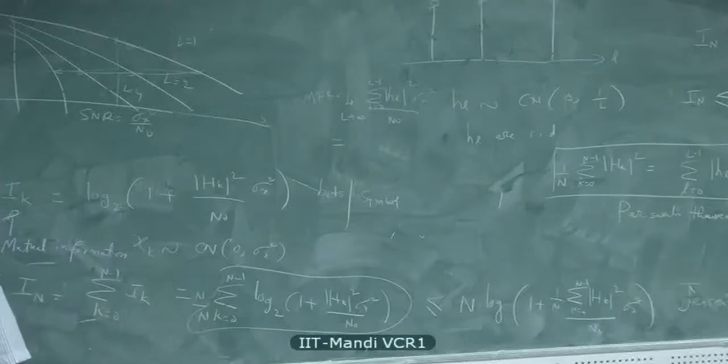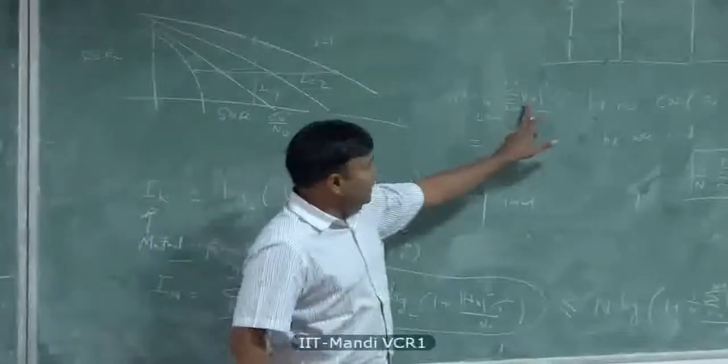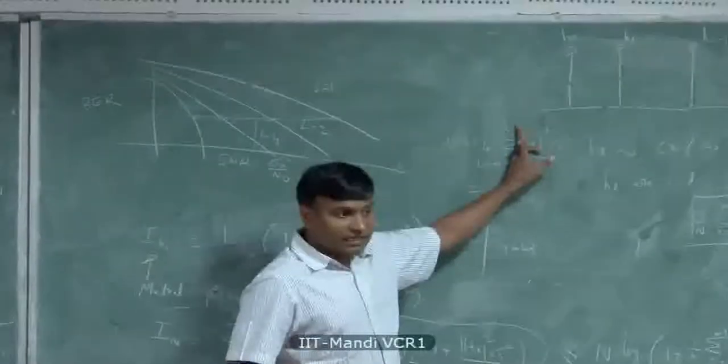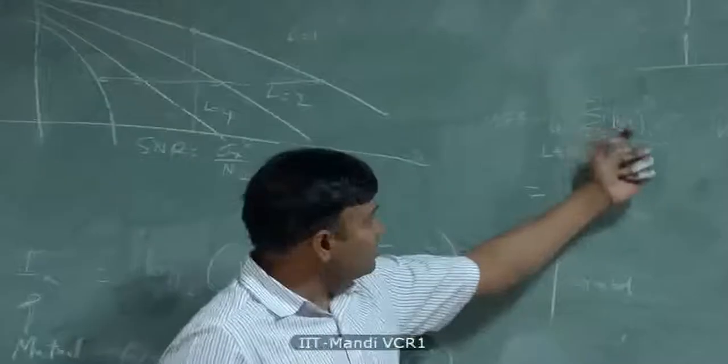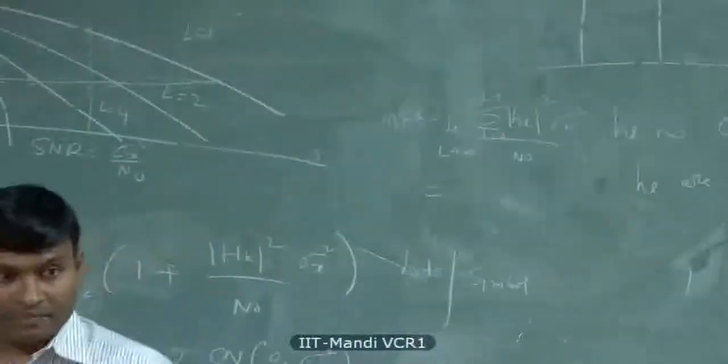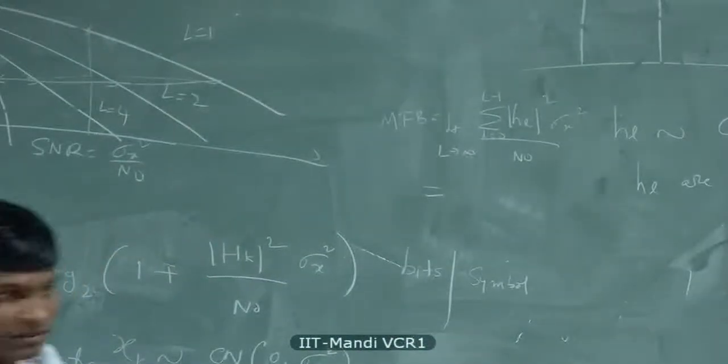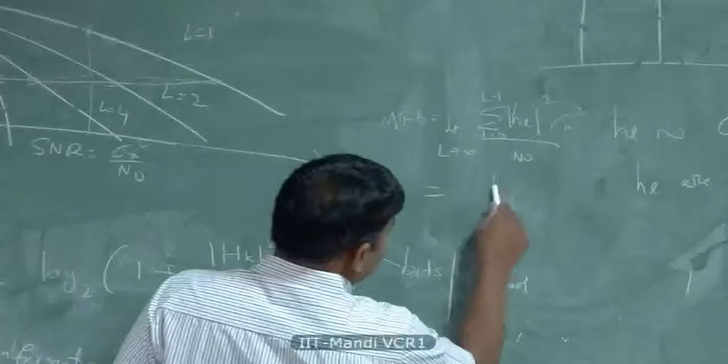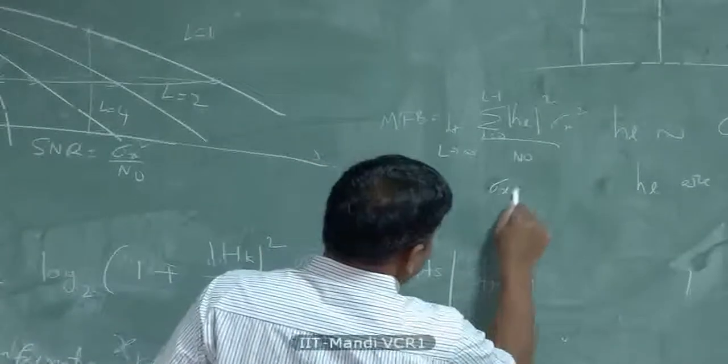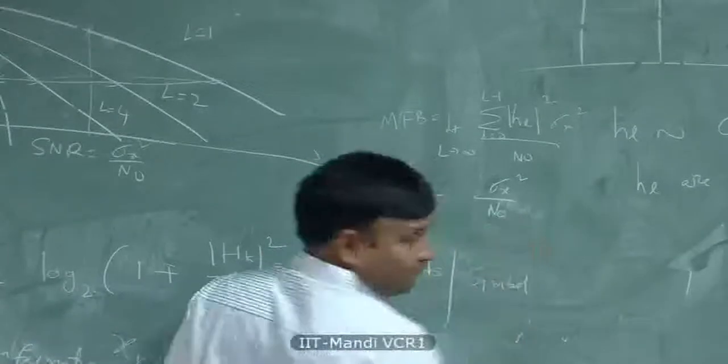Use central limit theorem. Each tap has variance of 1 over L. You have L taps, L tends to infinity. What happens to this? Yeah, use central limit theorem. This goes to 1. So sigma x square by N naught.